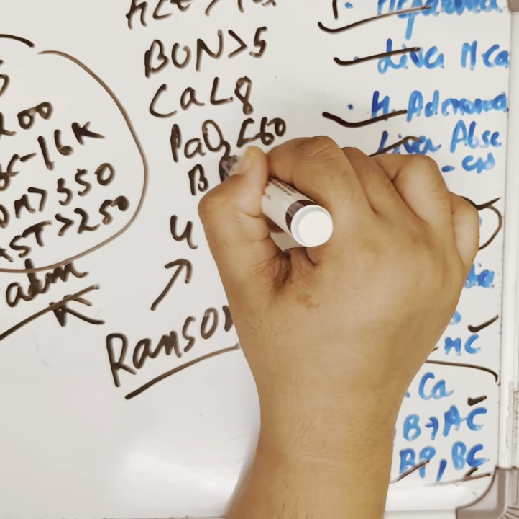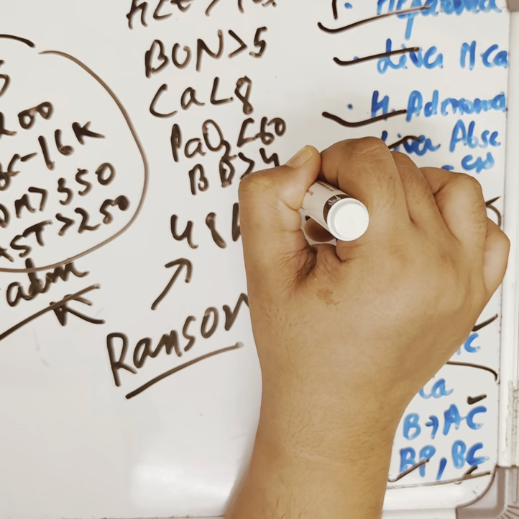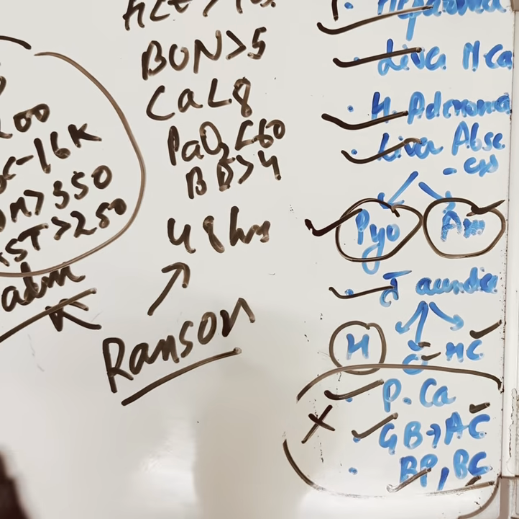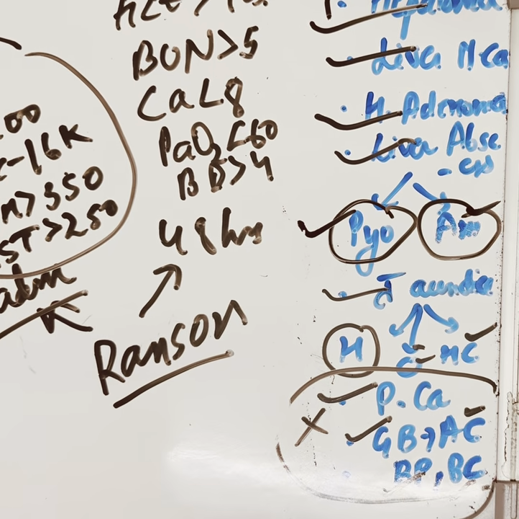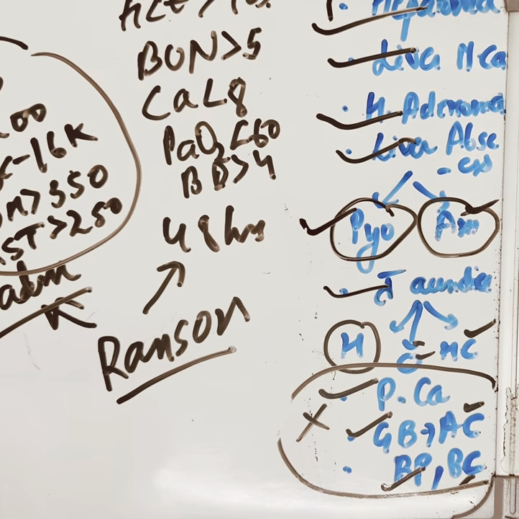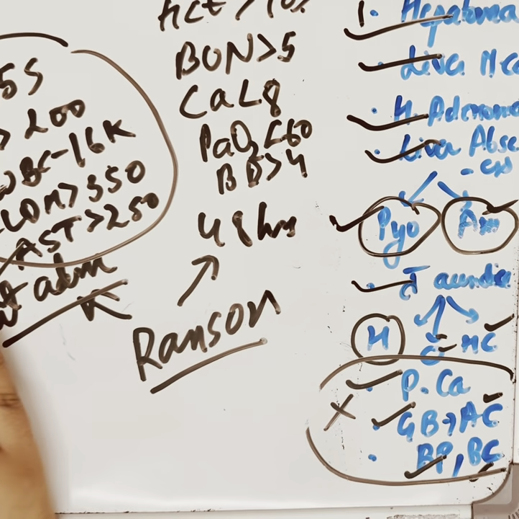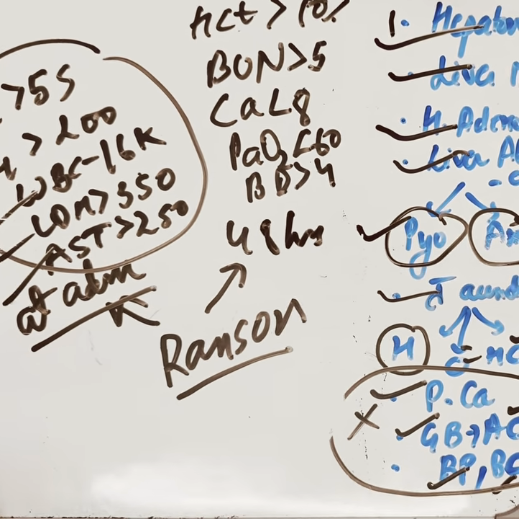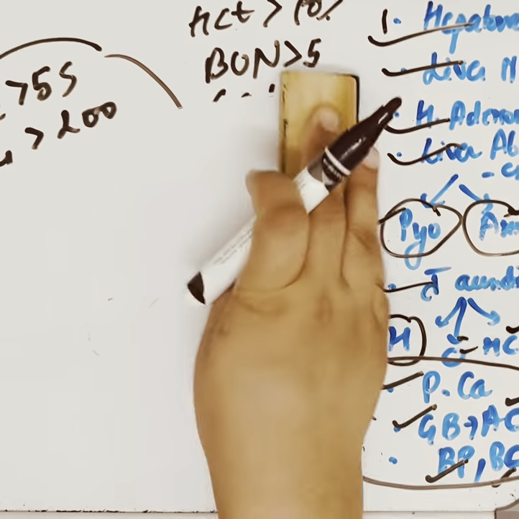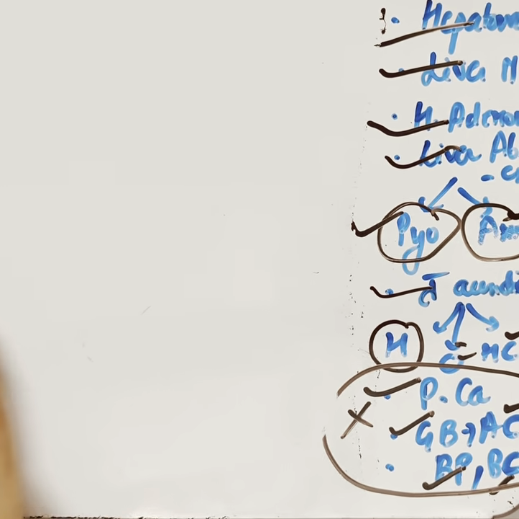Base deficit is more than 4, and there is a need for fluid resuscitation of more than 6 liters over 48 hours. So this is the Ranson criteria at admission and at 48 hours. So you have to revise it and you have to learn it.